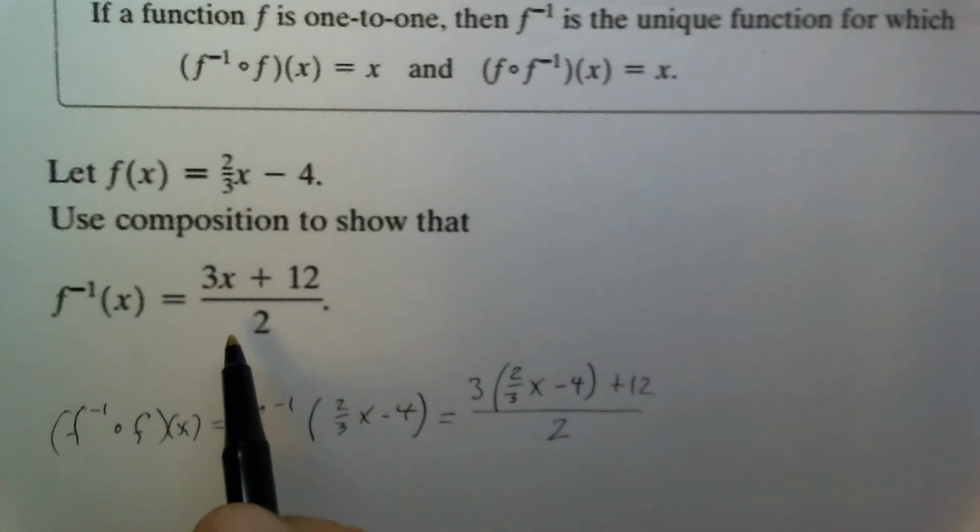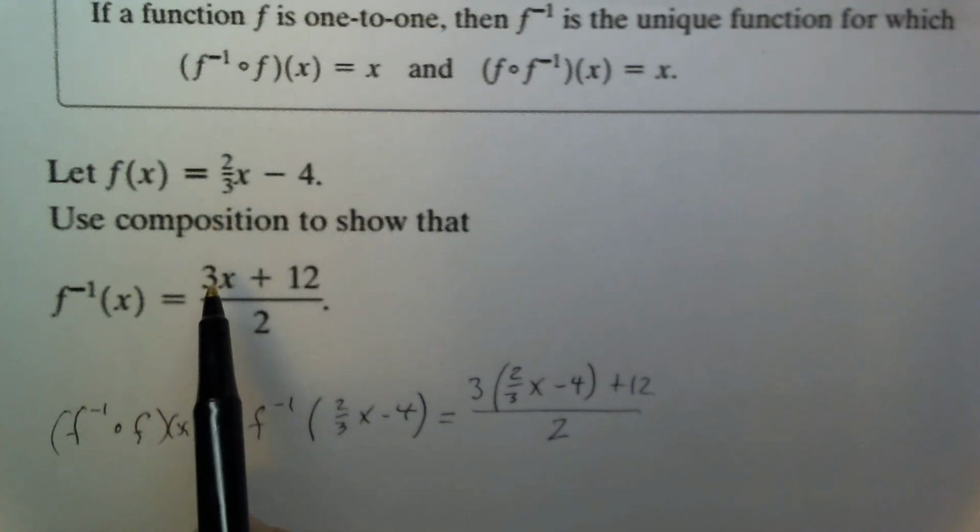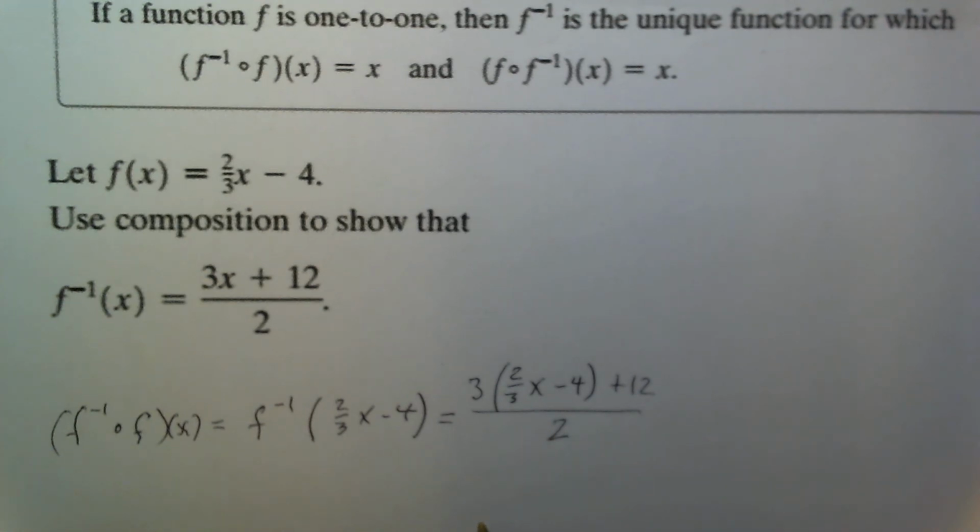What we're doing here is replacing x with 2/3 x minus 4. Then in the numerator, we have 3 times 2/3, so it'd be 2x. And 3 times minus 4 is minus 12, plus 12, divided by 2. Then the 12s cancel, and we have 2x divided by 2, so that's equal to x, which is what we wanted to prove.